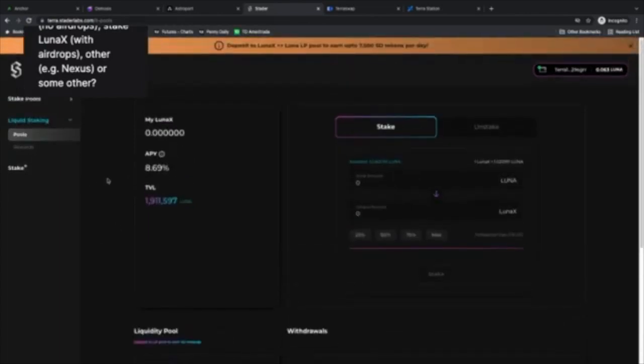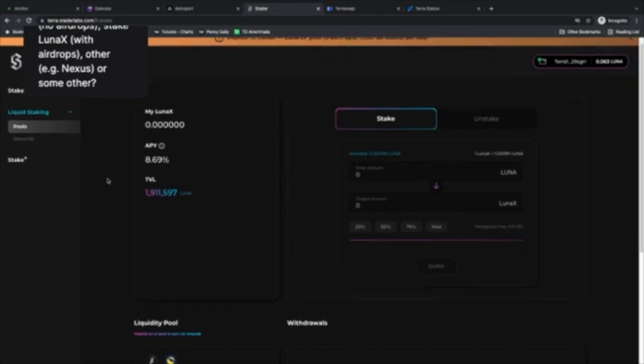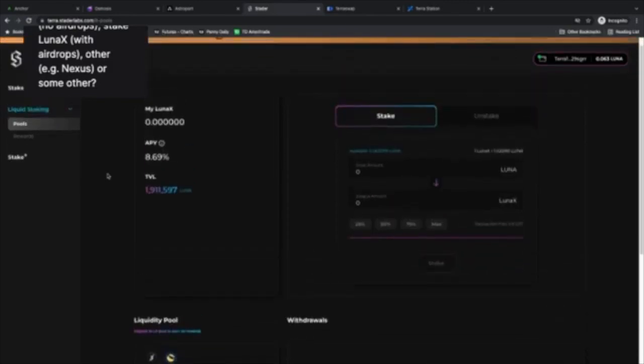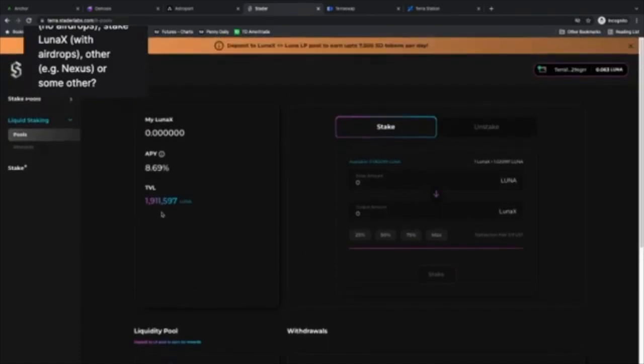But if you look at your AUST now, it's worth 20% more a year later. The reason is because the coin itself is going up in value. So Luna X is very similar. A year from now, it will be worth like 9 or 10% more than Luna itself would be.